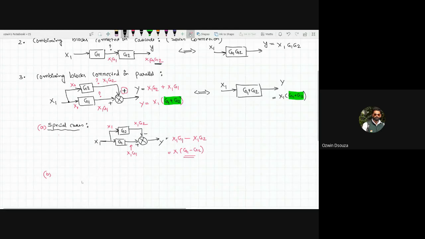Then we can also discuss another special case, because if I don't discuss this now, then you are likely to commit errors when you solve the problems. Some G2 you have.